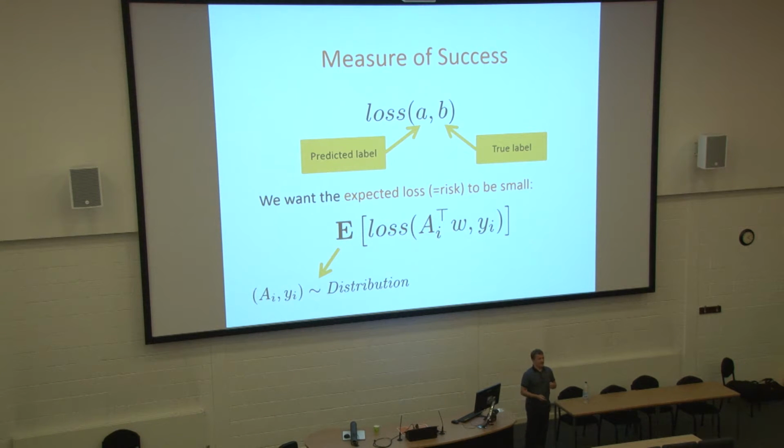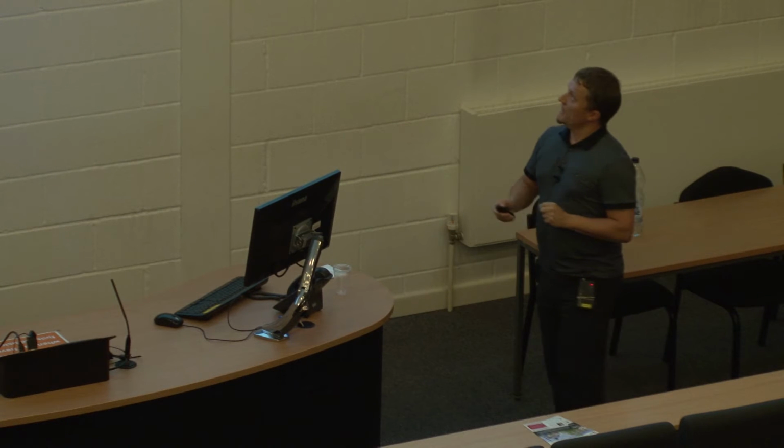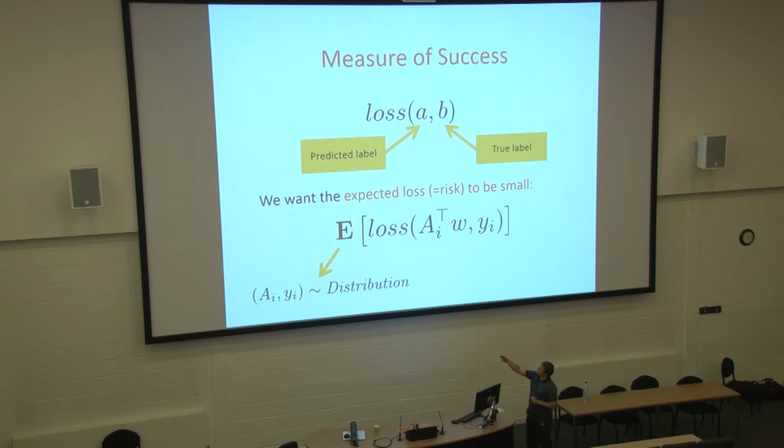I first define a loss function, which is a loss between this product and the label. It could be some sort of a distance, but it doesn't have to be a distance. It could be something asymmetric, doesn't have to be positively homogeneous, so it doesn't have to be actually a norm. Some sort of a proximity measure. I decide on this, and depending on what this loss is, could be logistic regression, could be squared loss, and so on, you get different types of models. And then what I want is to compute the expected loss over all the images that are out there on the internet that I don't even have.